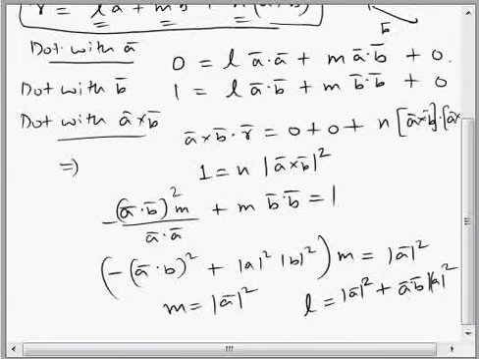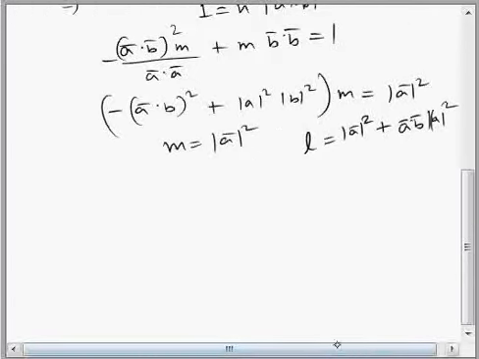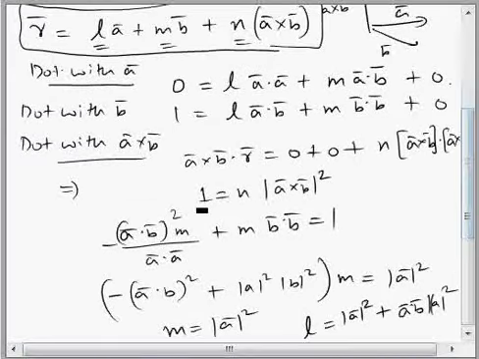So now I think some problem is there. See, the value of L is wrong.